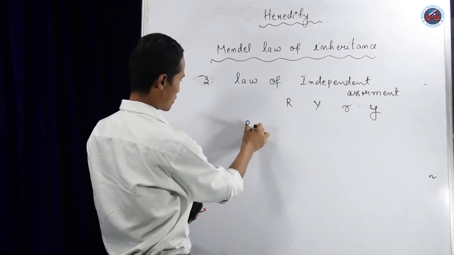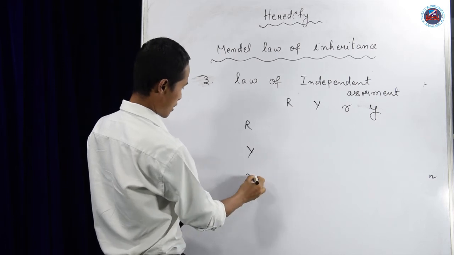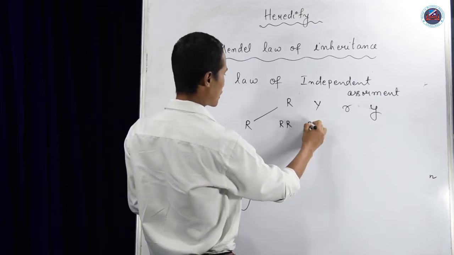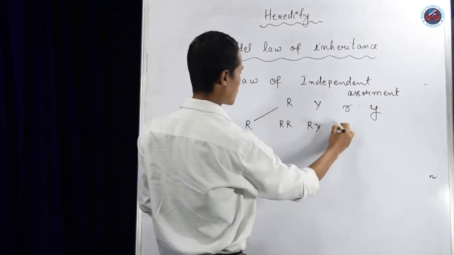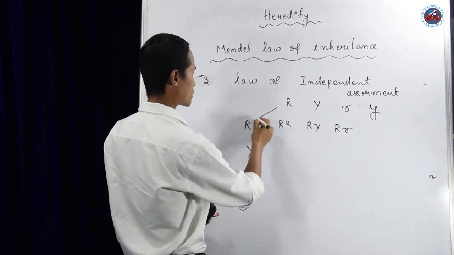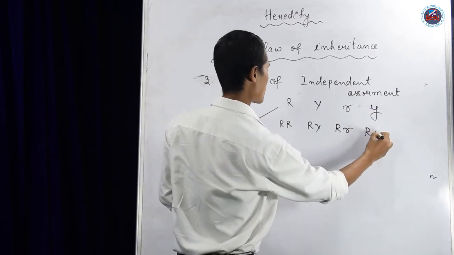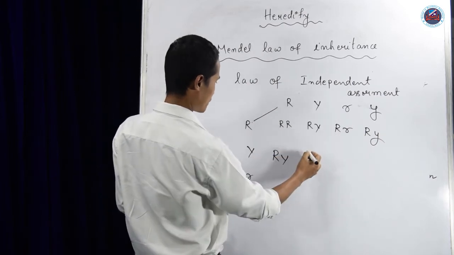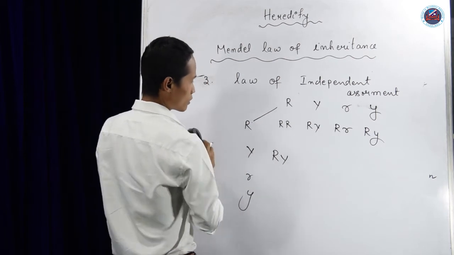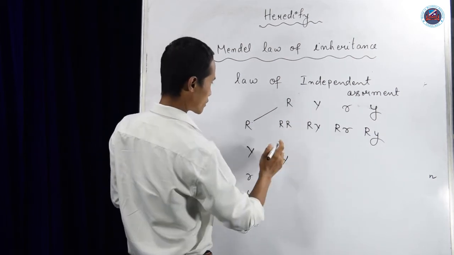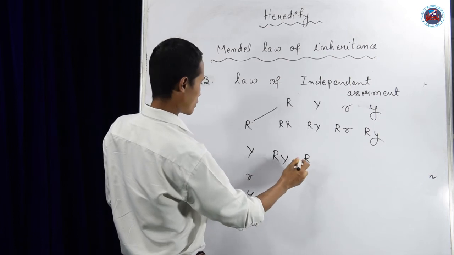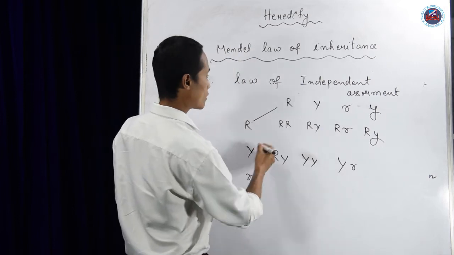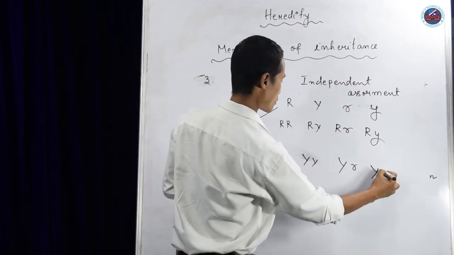So capital R, Y, R, Y. If they cross with capital R, Y, capital R, small r, so capital R, small y, same as this, R, Y. So this is capital Y, small y.